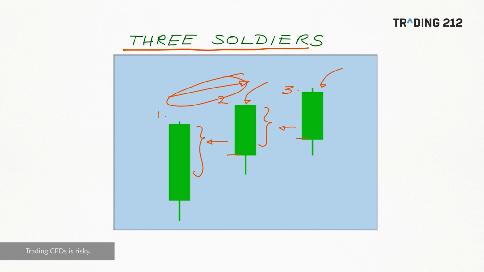Ideally, we don't want to be seeing the bodies shrinking, and you should be especially careful if you have 2 long candles and then 1 short third one, like that, say, as this is interpreted as showing a kind of stall pattern, and that might actually be a good time for taking profit on a long position. Another sign to watch out for is if the upper wicks are increasing in length with each candle.